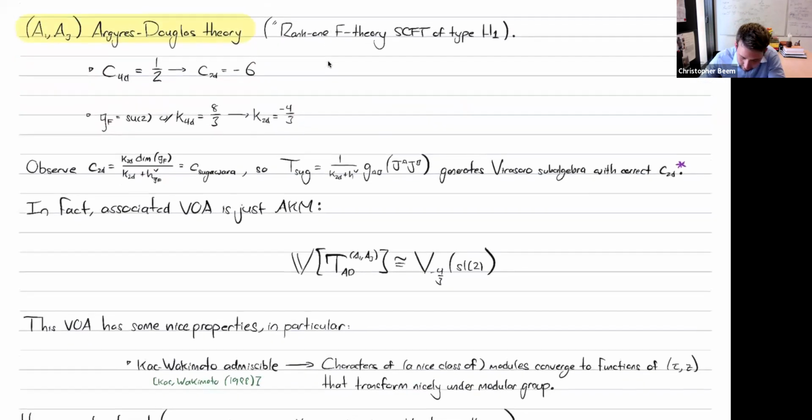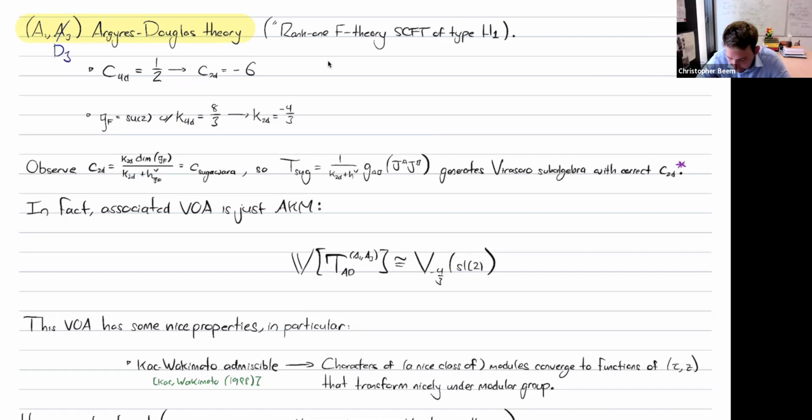I'll take the first one of these, A1, I should have made this A1d3. There's an exceptional isomorphism between A3 and D3, but this is the first in my A1d odds series I had before.